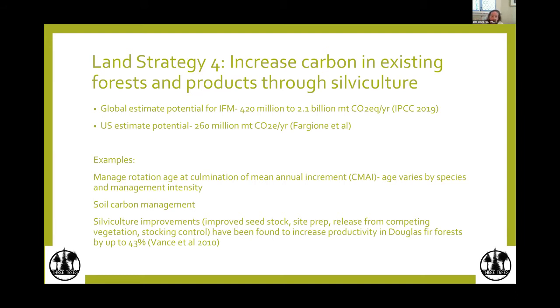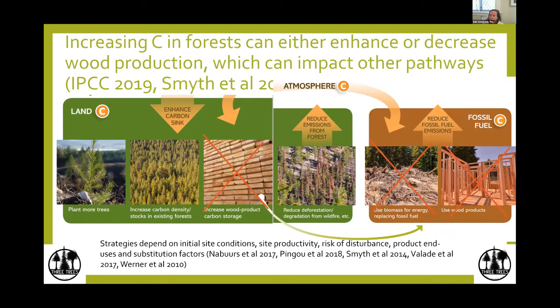Now, this strategy is a little bit trickier than the other ones because there is a push-pull between how much goes into a product and how much stays in the forest. So if you stop harvesting, then you're reducing the ability to do these wood product related pieces. However, there's a lot of work that shows it depends on the growth rate of your forest, what your risk of disturbance is, and whether or not there are leakage concerns.